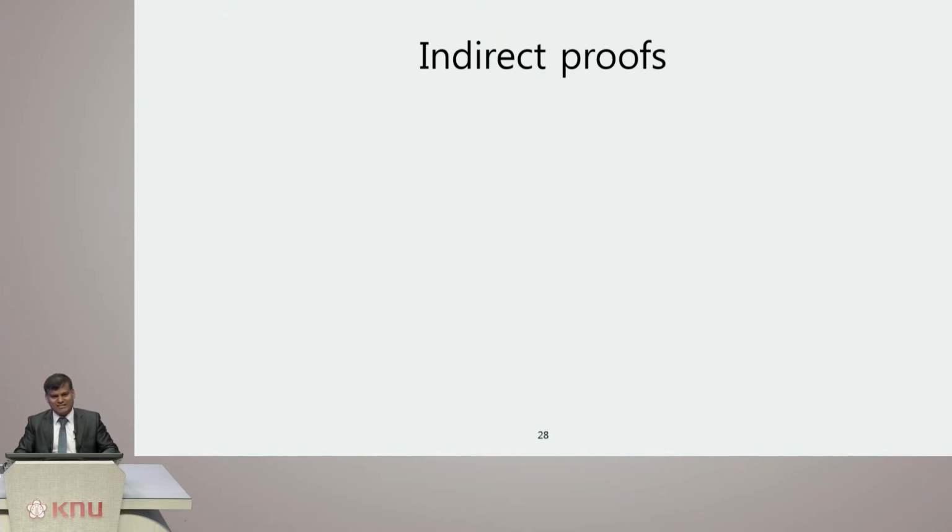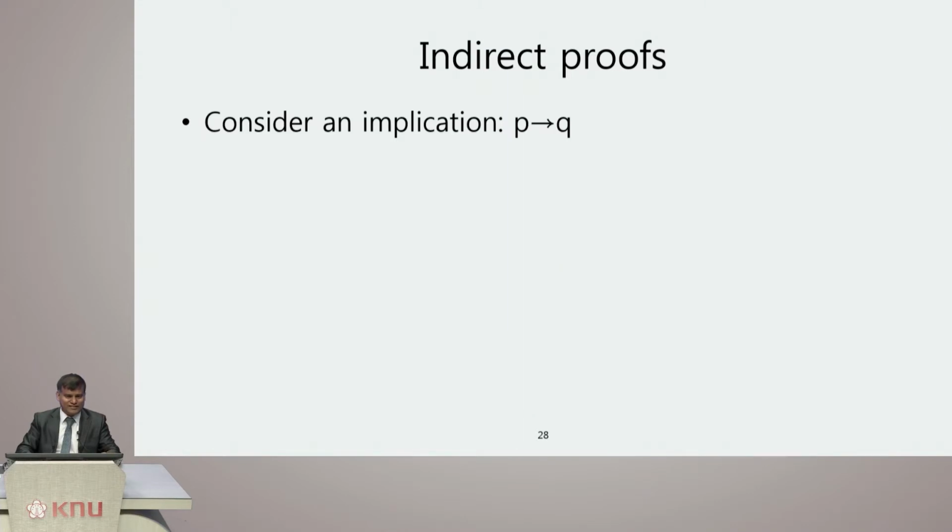Let's talk about what an indirect proof is. The word suggests indirect: we have to prove something by means of an indirect way. Let's see the definition first, then the example. The implication P implies Q has a contrapositive, which is negation of Q implies negation of P. We have already seen in one of our previous lectures how to show they are equal.